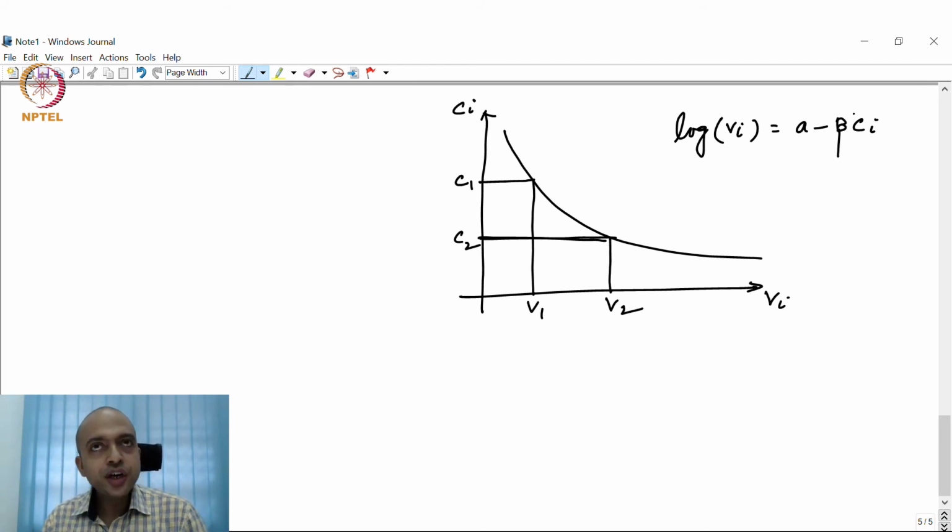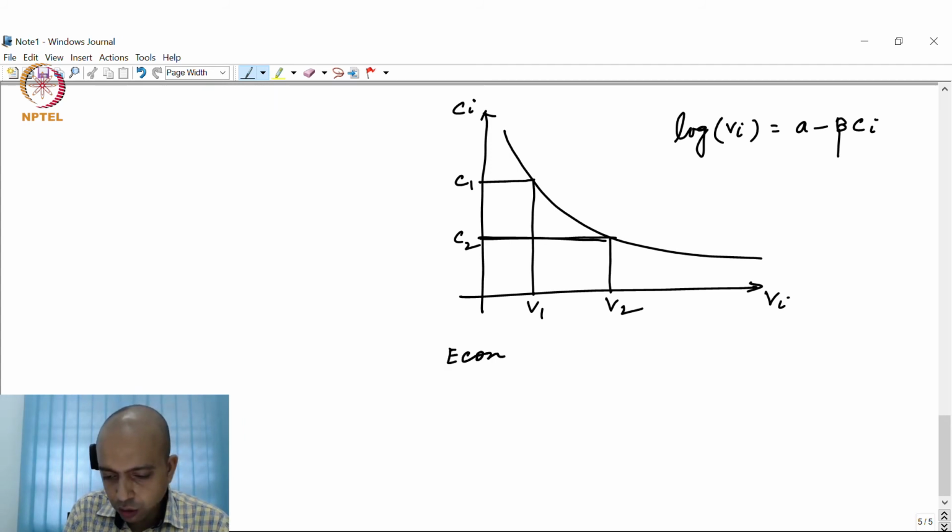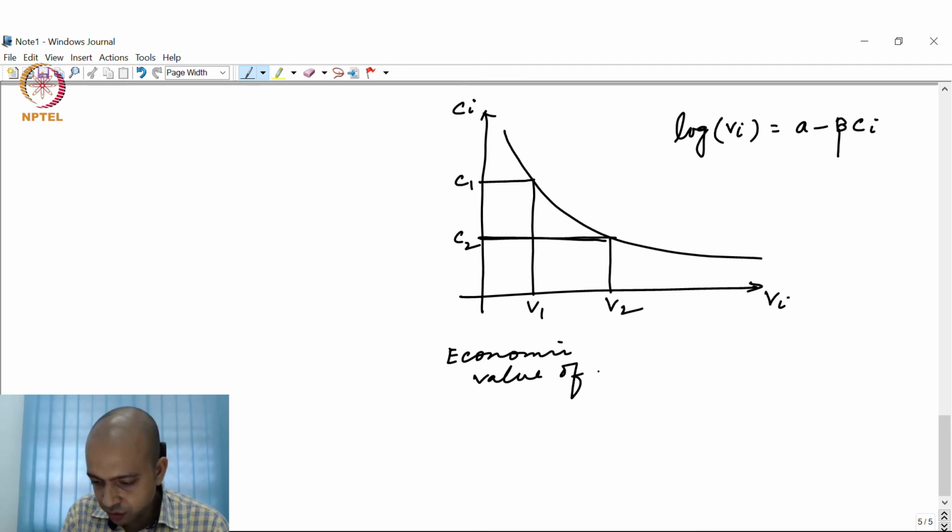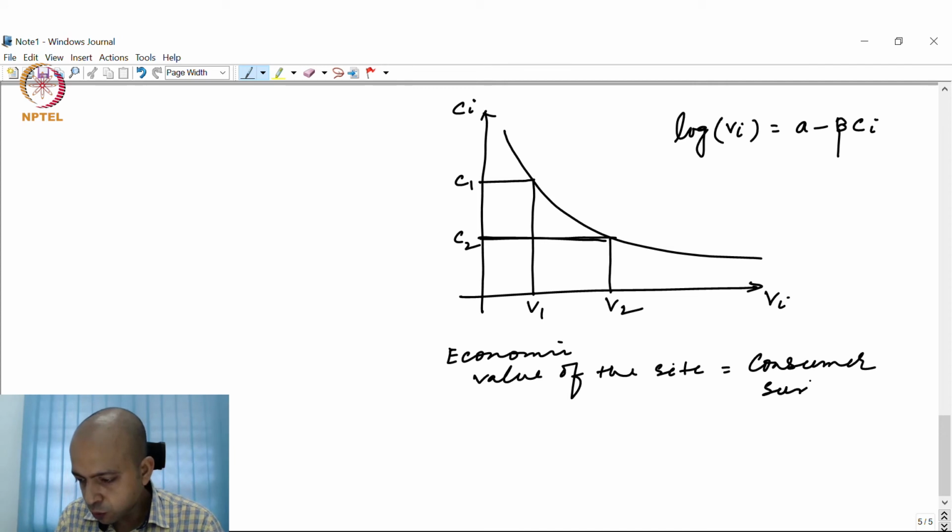Now what is the value here? The value is basically the consumer surplus. So the economic value of the park or the site equals consumer surplus. How do you calculate consumer surplus? We will explain simply with this diagram.